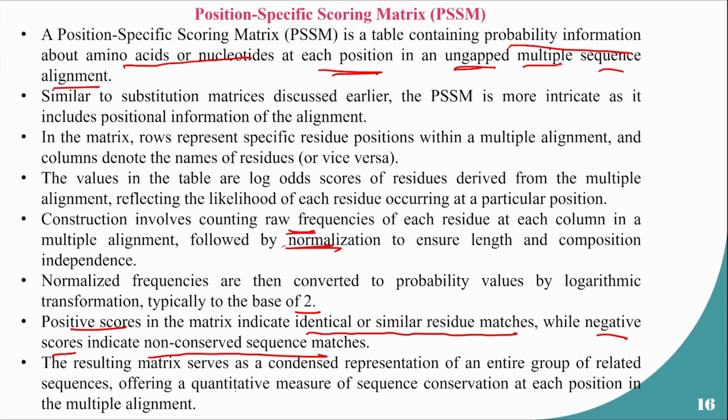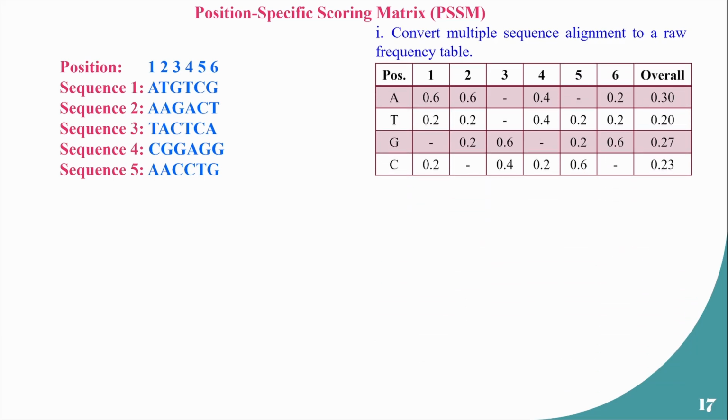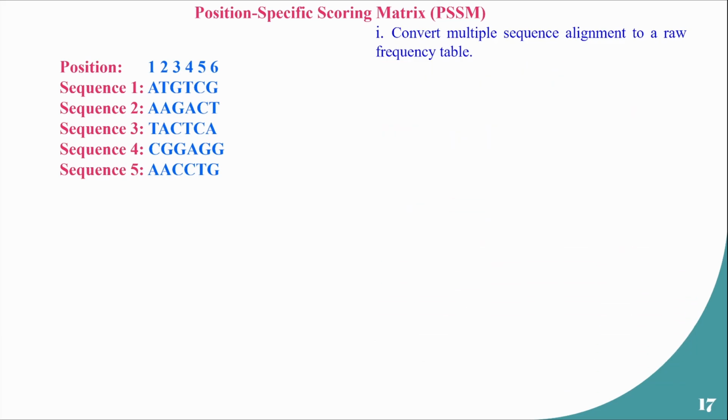Basically, it will give a quantitative measure of sequence conservation at each point. So how does this position specific scoring matrix work? First of all, you have to convert the multiple sequence alignment to a raw frequency sort of table. Let's say we have to calculate the frequency of alanine occurring at position 1.